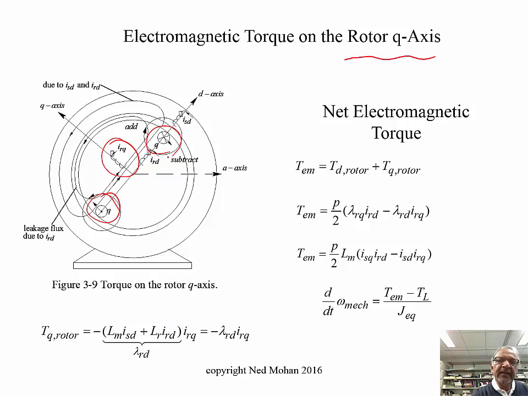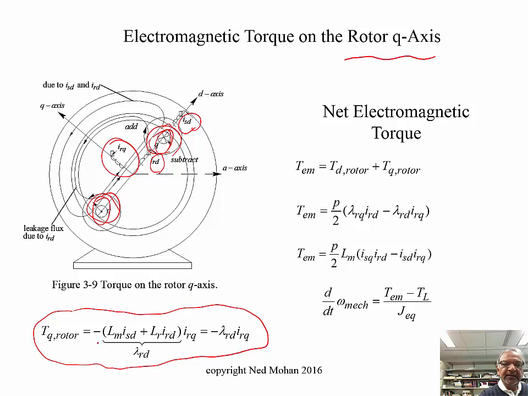So you have ISD here and IRD over here. These two windings produce a flux, and this flux is then cutting these two conductors here, which are for the q-axis. Following an analysis very similar to what we did for the d winding, we can do that for the q winding. And again, the counterclockwise torque expression that we get is given here.